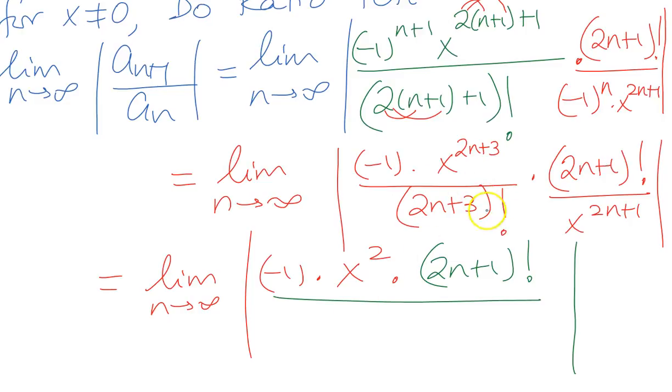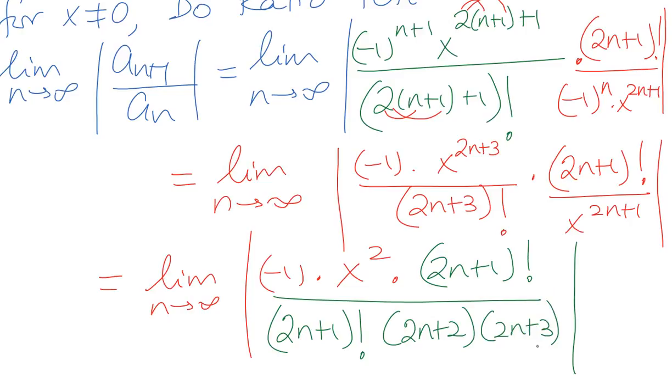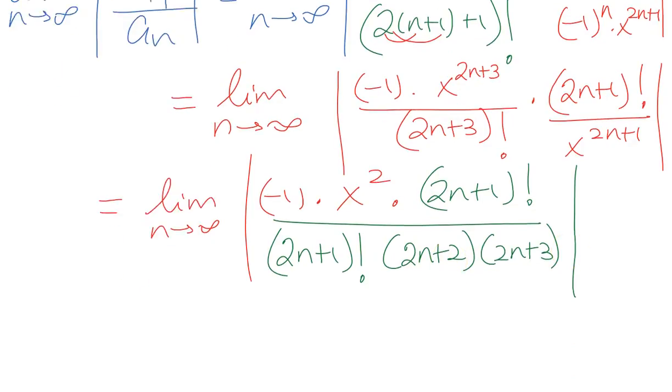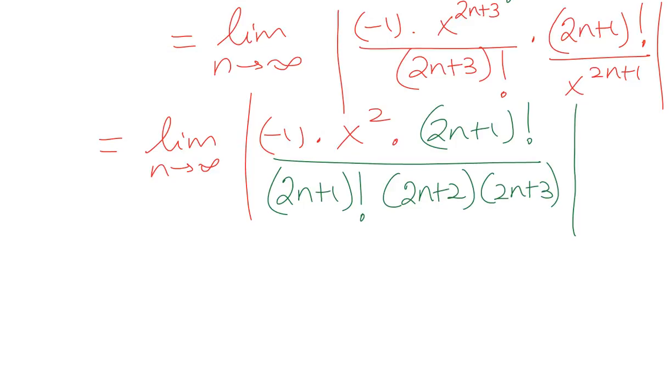So it's going to be 2n plus 1 factorial, and then I have 2n plus 2, then 2n plus 3. Does it make sense? Because you've come up to 2n plus 1 factorial, you have to reach 2n plus 3 factorial. That means you have 2 more terms, 2n plus 2 times 2n plus 3. So if you write the larger factorial using the smaller factorial in a fraction, the smaller factorials will cancel out.